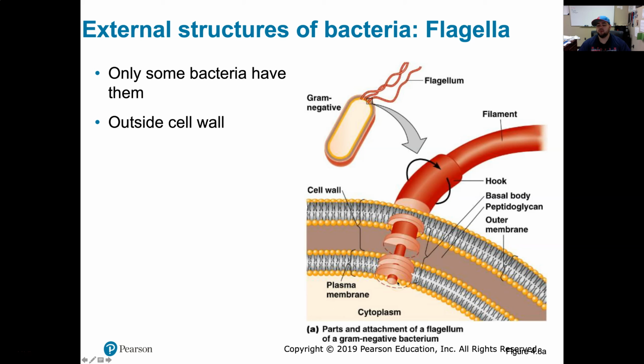And that's important because the filament moves very fast in a spinning motion, which is kind of violent on the cell, right? It's going to spin very quickly and it's going to pull and stretch, and it has to be anchored very strongly to the cell, otherwise it will break off.